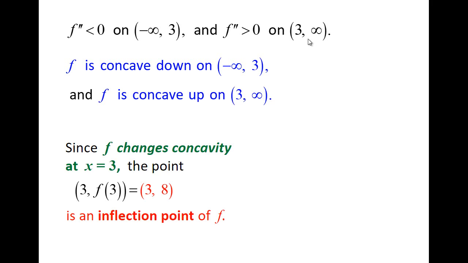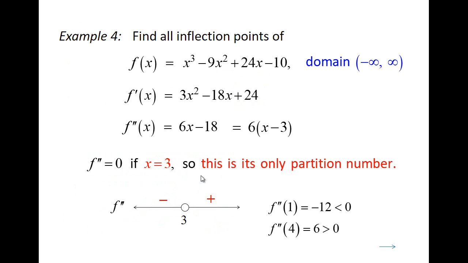So since f changes concavity at x equals 3, the point (3, f of 3), which is equal to (3, 8), is an inflection point of f. Now how did I get 8? Well, we go back to the formula for the function. What is f of 3?